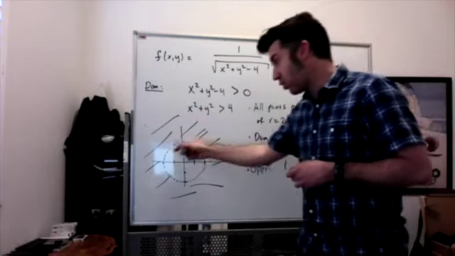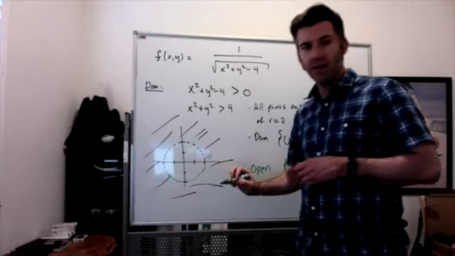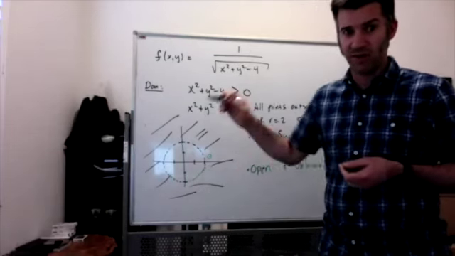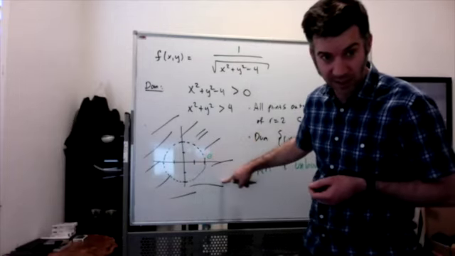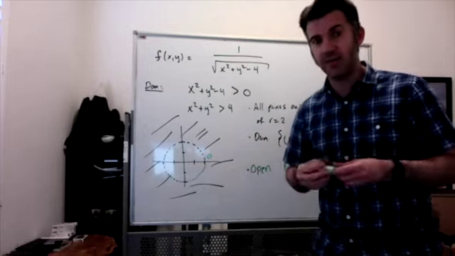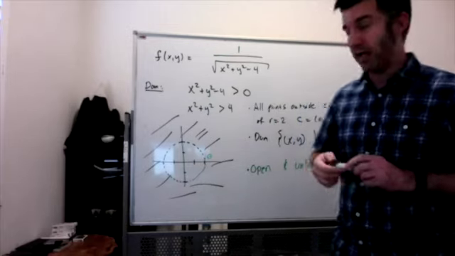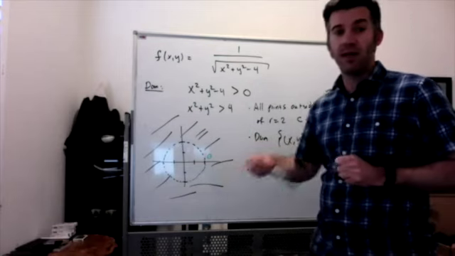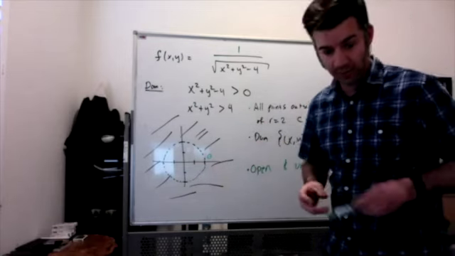But if the set included its boundary and I draw a point on the boundary and a circle around it, I'm going to get some stuff in here and in here, which is not fully contained in here. So that's the more precise definition of what it means to be open: for any point in your set, there is a circle around it that is also fully contained in your set.